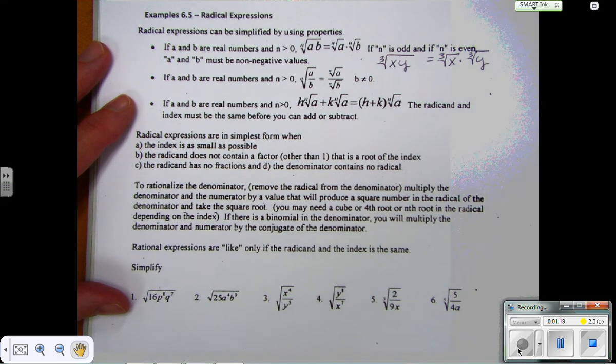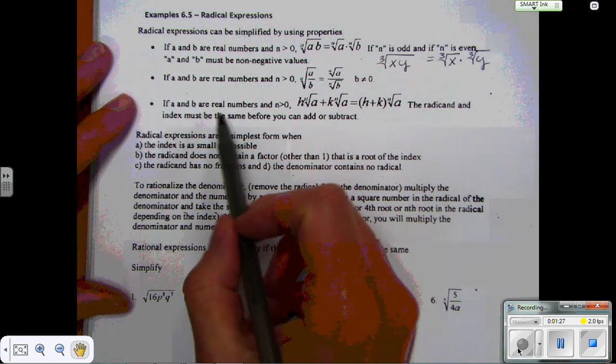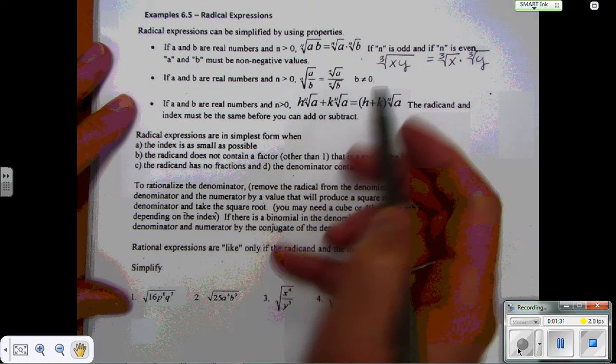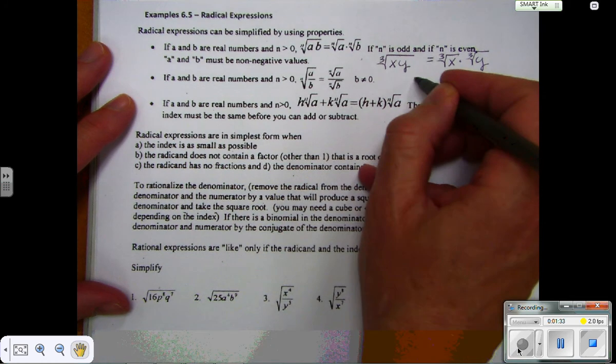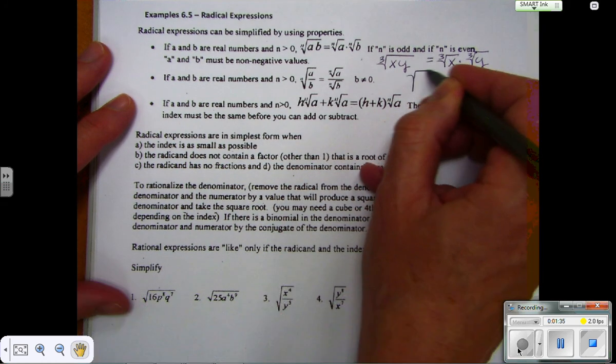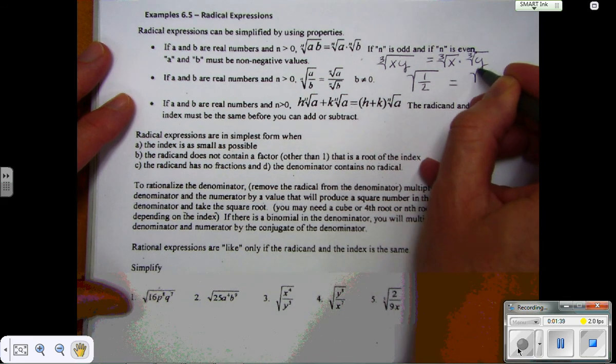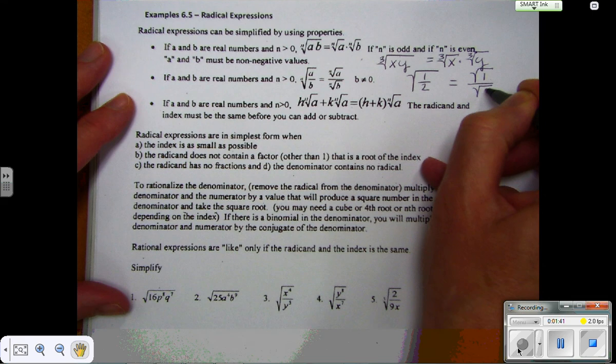And that's just to say if the index is positive, which all of the indexes that we're going to be working with are going to be positive. So you don't have to worry about that part. And the next one is when you have a fraction. Same thing, I'm just going to make this one a square root. If I have the square root of 1 over 2, I can break that up into the square root of 1 over the square root of 2.